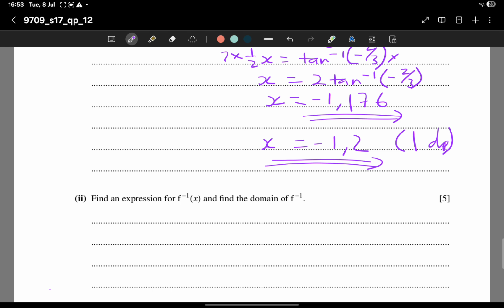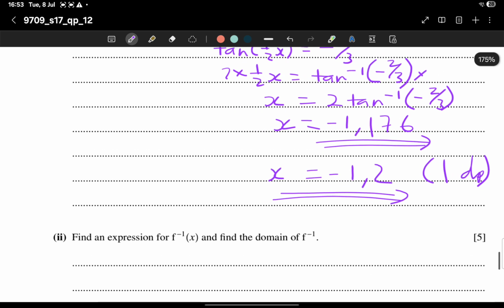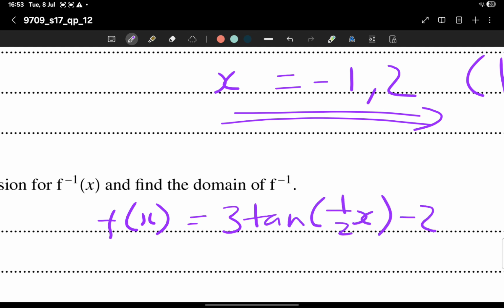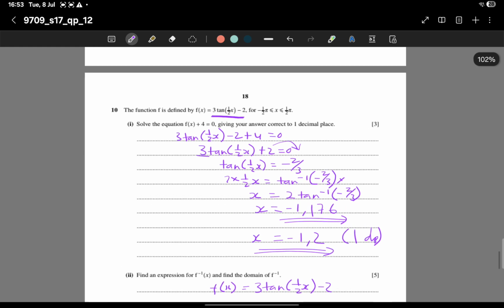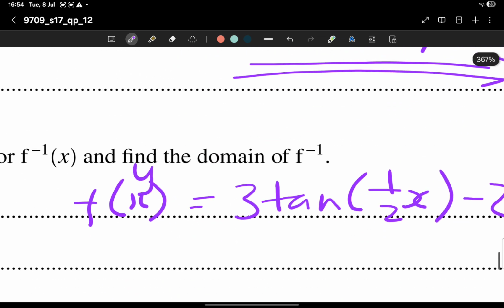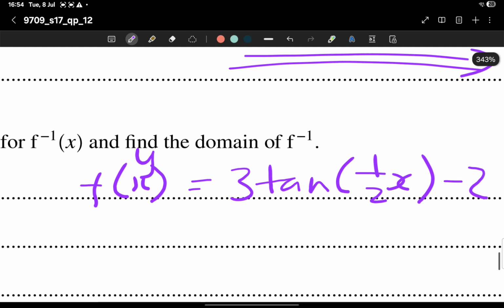And part 2 says find the expression for the inverse of f(x). We know f(x) is equal to 3 tan(x/2) - 2. Am I correct? Yes. So taking f(x) to be y, this is y = 3 tan(x/2) - 2.